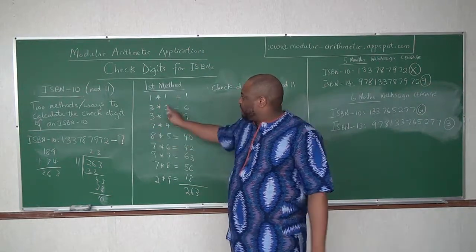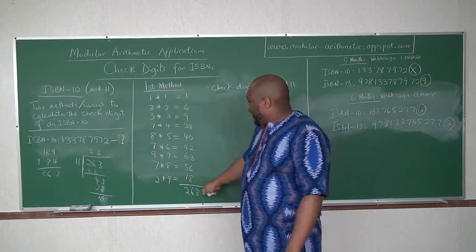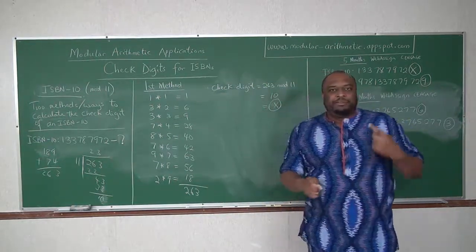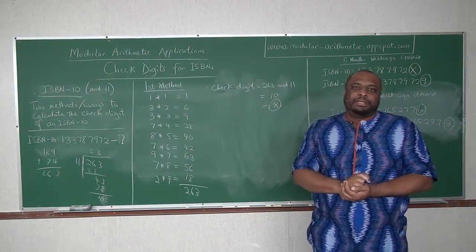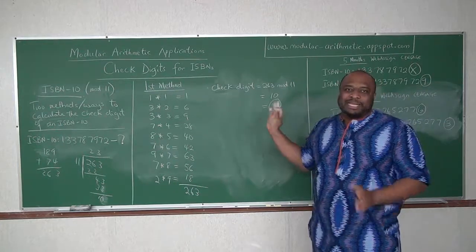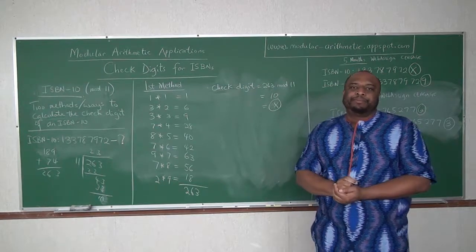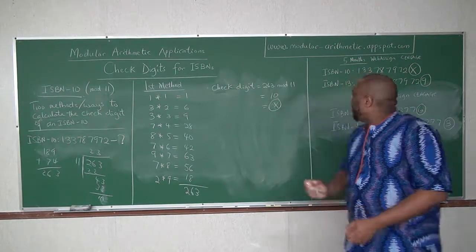The first digit times 1. You see how I wrote it down. Then add it, and then find it in mod 11. And that gives you X. That gives us 10, which is the check digit, and 10 is represented by X for ISBN-10. That is how we got this.